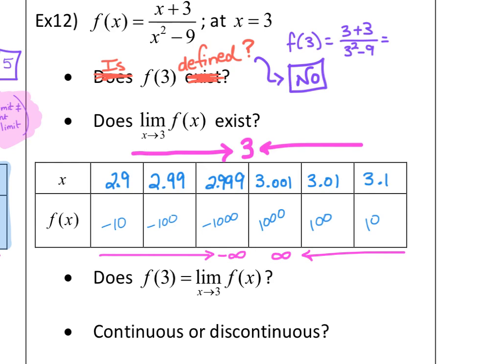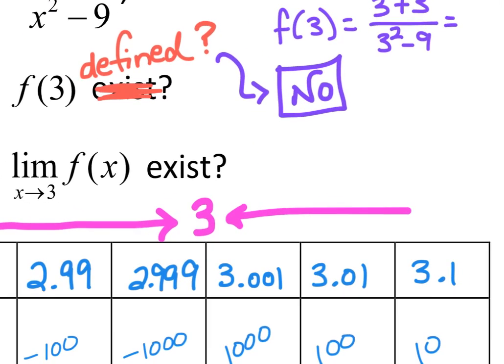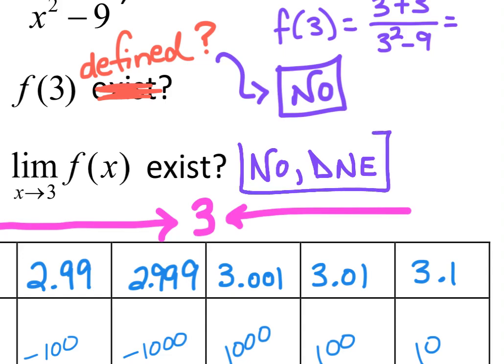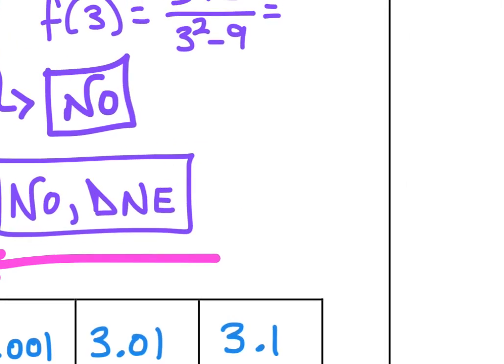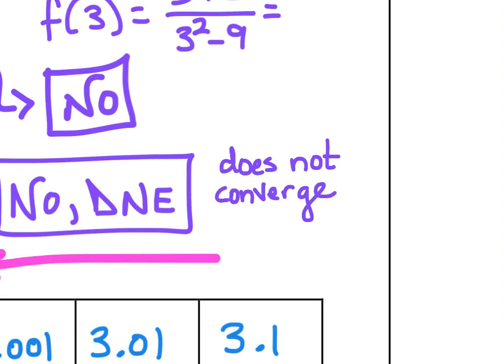And so here for step 2, does the limit exist? No, the limit does not exist. And that's going to be because it does not converge. Goes to infinity.